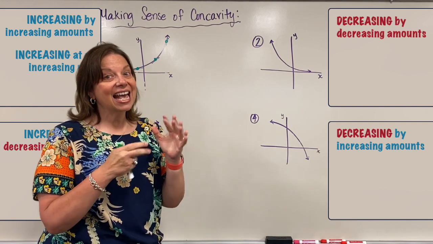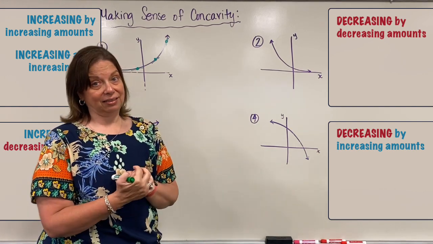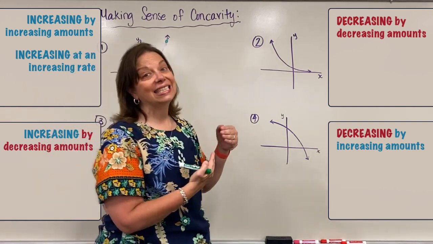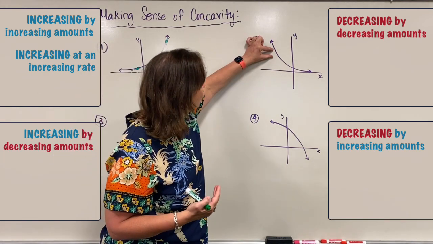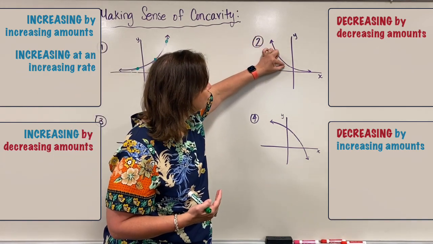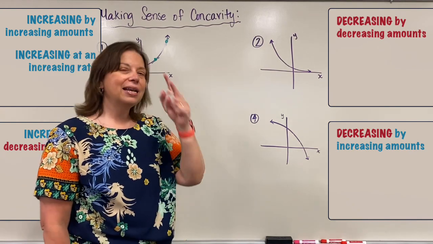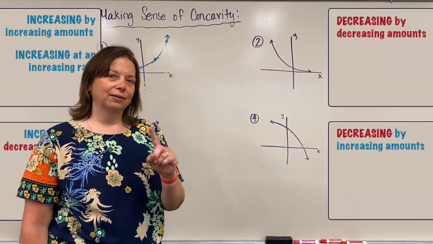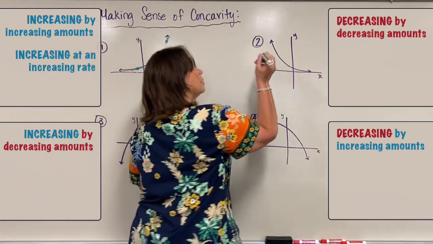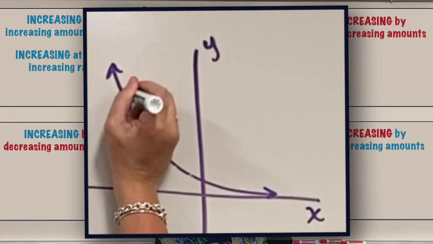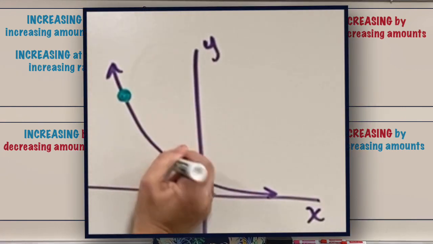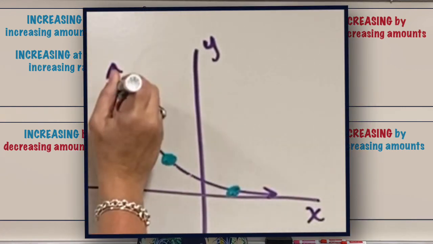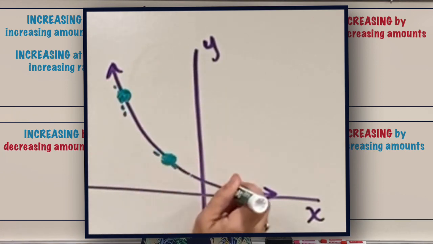Remember, we said this function was decreasing, and it was doing so by decreasing amounts, like those vertical amounts of change were getting smaller. But now I want to think about the rate of change. I'll use a similar idea. Let's drop in a few little points along the way of this graph and draw in a few tangent lines.